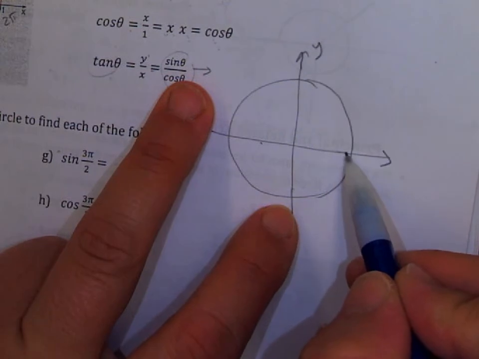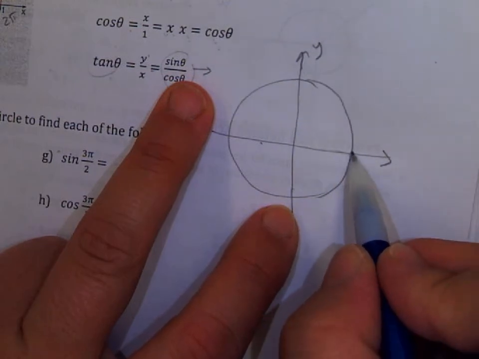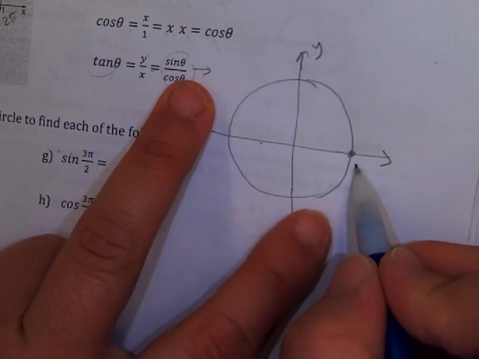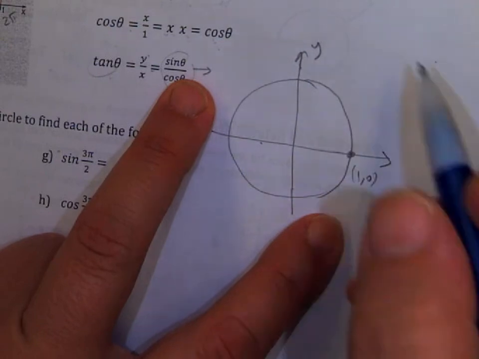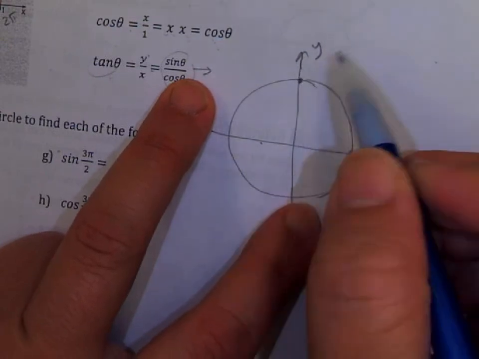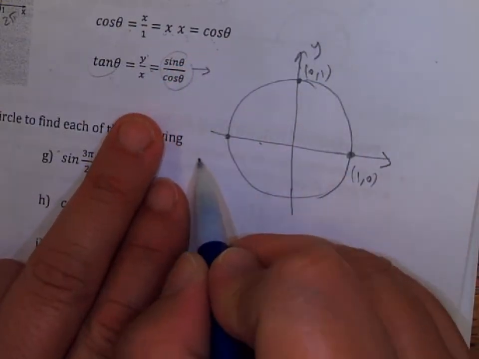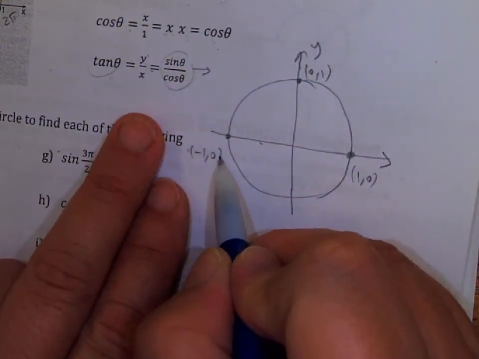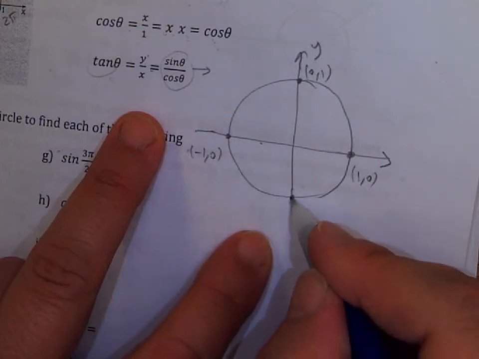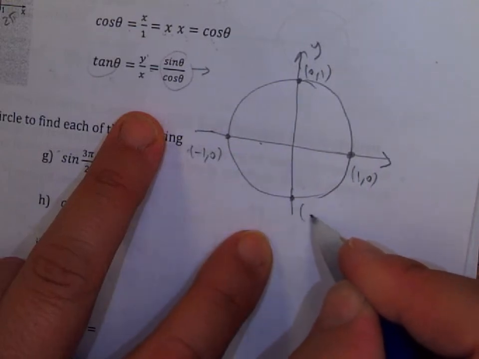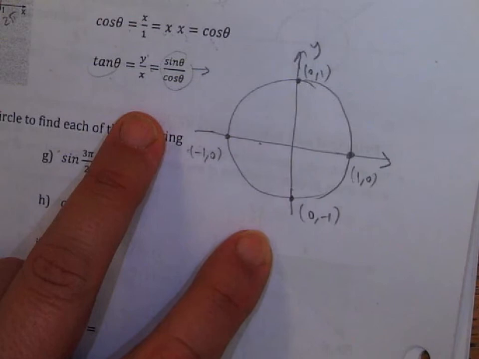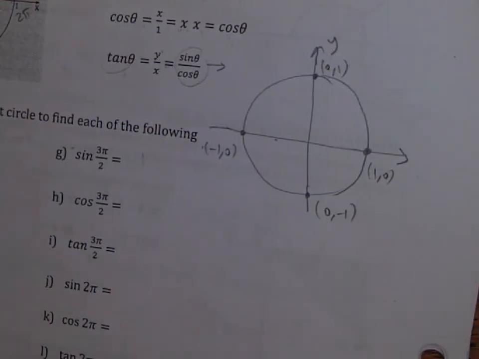If the radius is 1, the coordinates of this point would be 1 and 0. The coordinates of that point would be 0 and 1. This point would be negative 1 and 0. And this point, 0 and negative 1. I just drew a unit circle with radius 1.